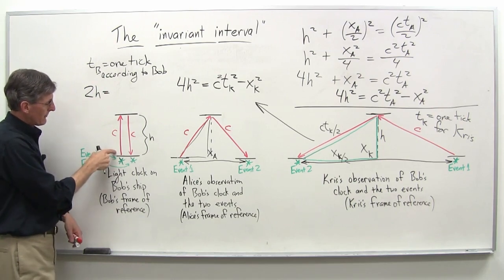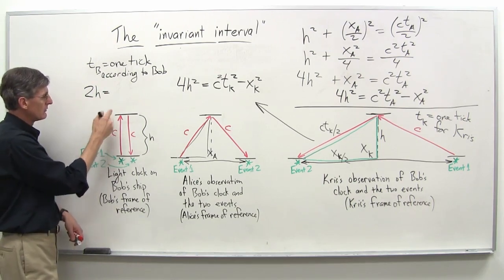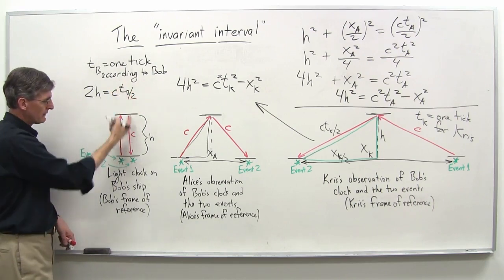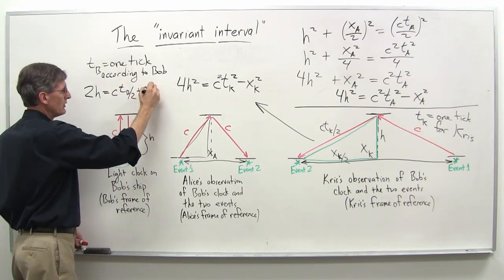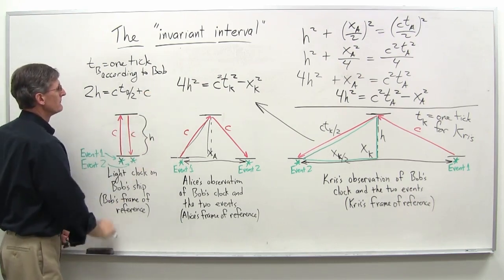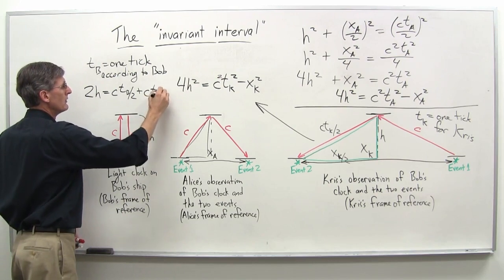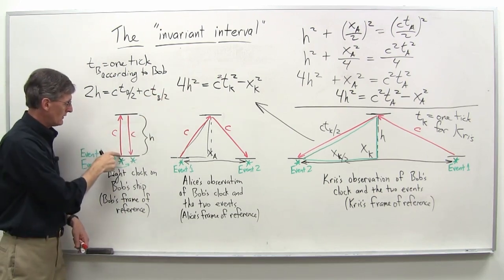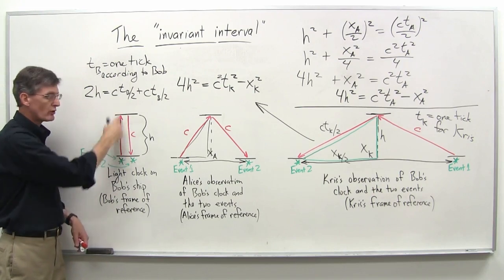Or we could also say it is c times tb over 2, half a tick, plus another c times tb over 2. You see that? So h up and h down, so 2h total for the distance.